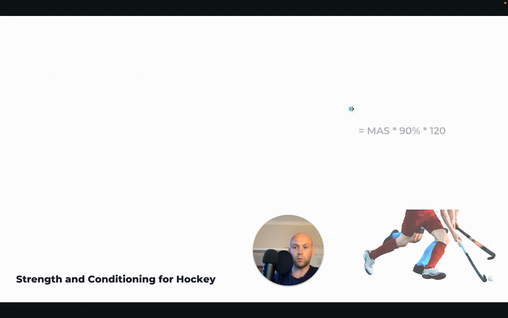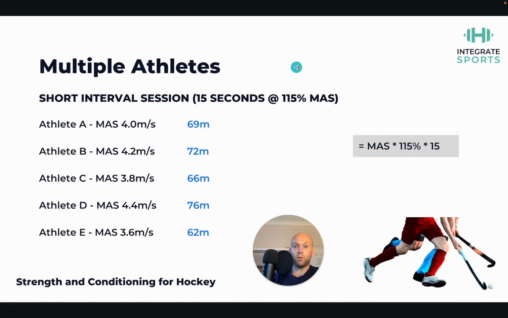So super, super simple. If you want to do another short interval session, you could then do 15 seconds at 115% of mass. And generally speaking, 120% of mass is about where things start to get a bit too fast, and you then have to start prescribing for maximal sprint speed. So this is kind of pushing at some relatively fast speeds now.